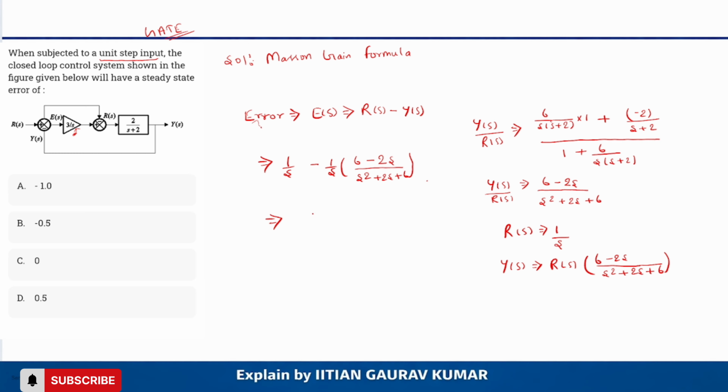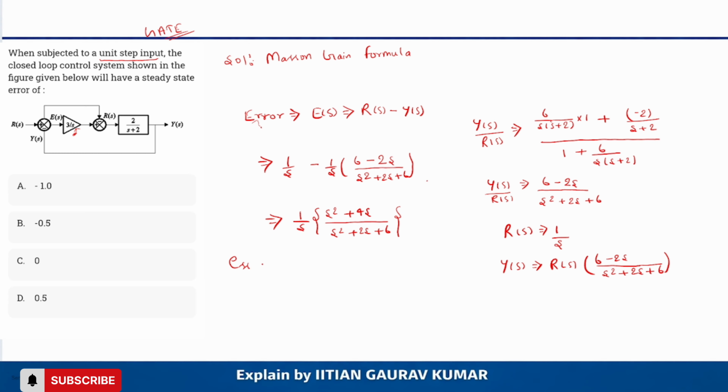So if you solve this, 1 by s is common, and we get (s squared plus 4s) divided by (s squared plus 2s plus 6). Okay, so now we can find it.